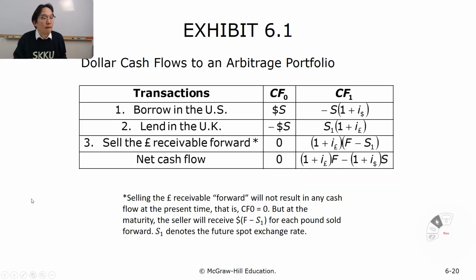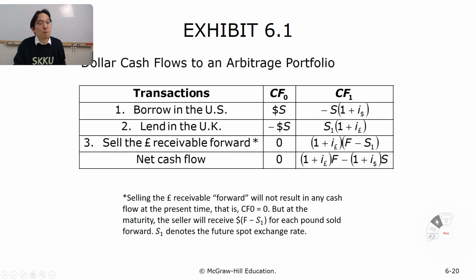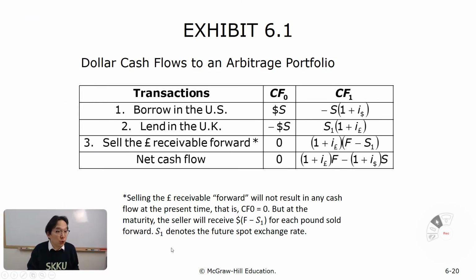So the cash outflow and inflow at two different time points is shown based on this dollar to pound currency, right? In the first explanation, I was saying that the investment in US dollar lending should give you the same money as the investment that you do in British pounds, right? Those two have to give you the same amount of money.